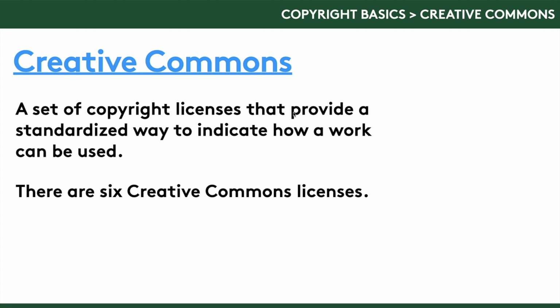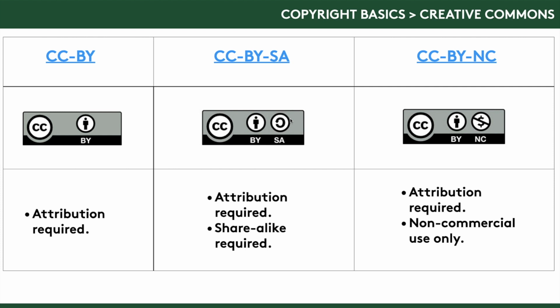Creative Commons, and I provided a link here, but it's creativecommons.org. Creative Commons is a set of copyright licenses that provide a standardized way to indicate how work can and cannot be used. There are 6 Creative Commons licenses. So Creative Commons largely works by looking at who gets credit, what are the terms of being able to use items, and who is getting the money.